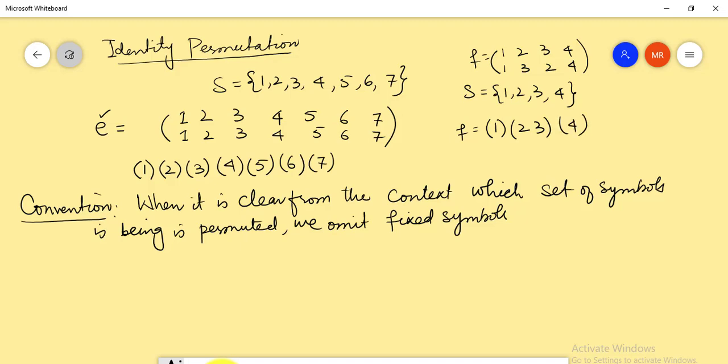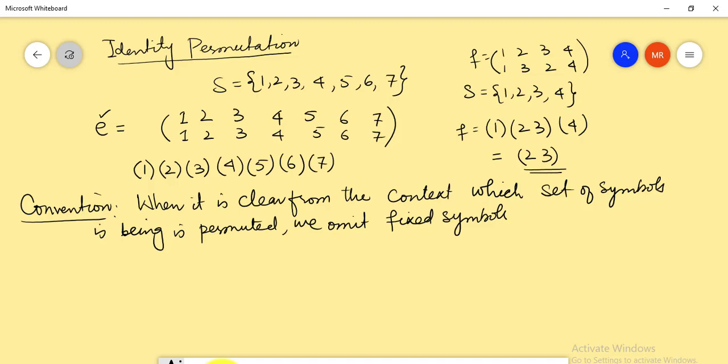Using our convention, we can omit the fixed symbols because we know that the symbols are 1, 2, 3, 4. Hence this is 2, 3, and from here it will be clear that 1 and 4 are fixed by this permutation.